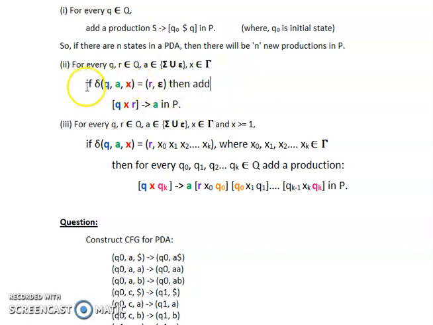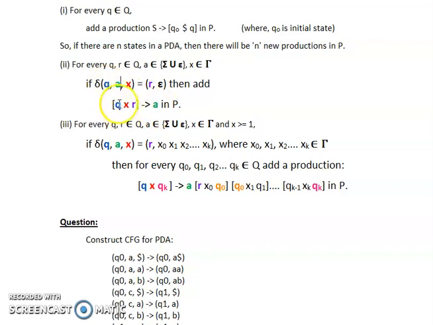So for each and every pop operation, we are going to add a production of this particular format in our context-free grammar. According to this production, the Q is copied as it is over here, then X is copied as it is over here, and R is copied over here. The input symbol A has to be put on the right hand side of our production.